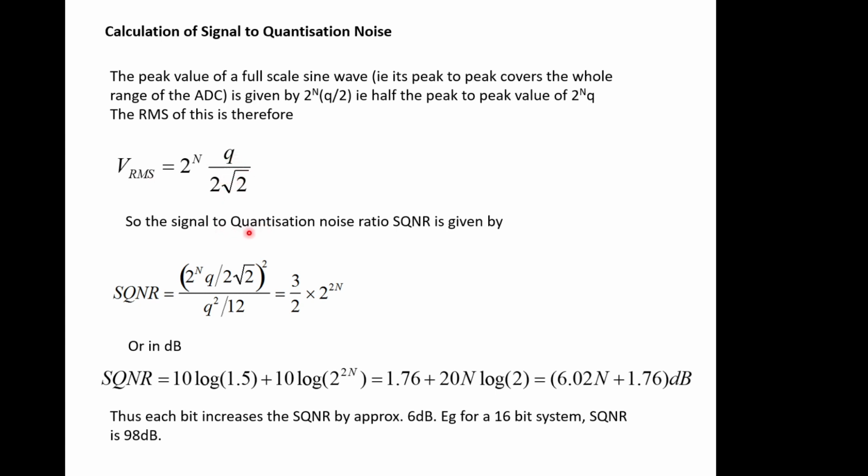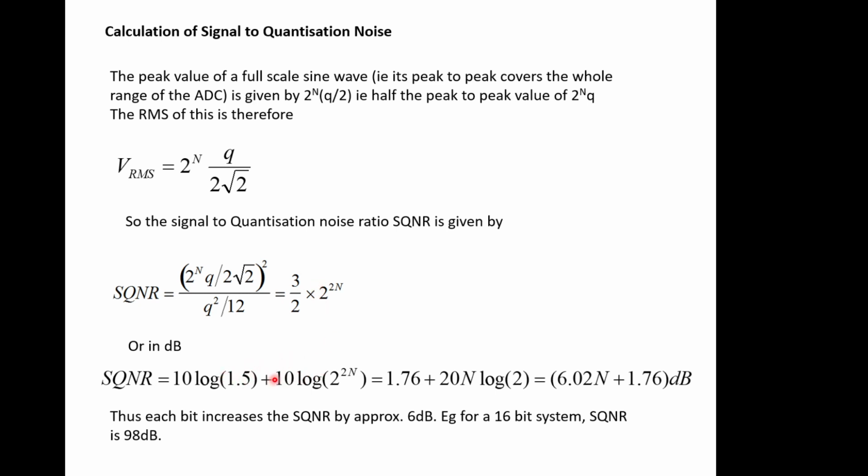And so to get the signal to quantization noise ratio, we just need to take this value and divide it by the q squared over 12 that we got from the previous slide, and that gives us this value here. This is often presented in decibel form, and if you convert these, you've got 1.5 here, so you do 10 log 1.5.